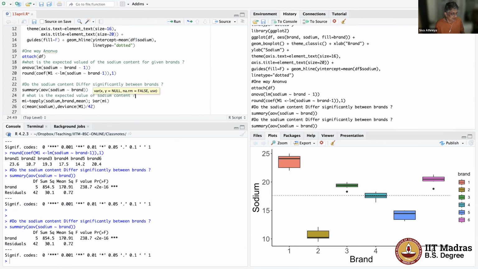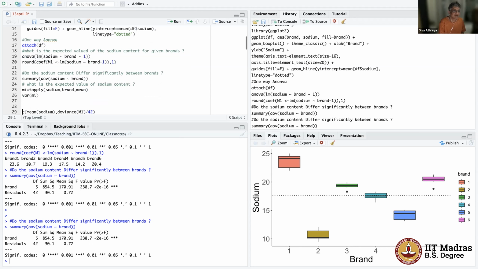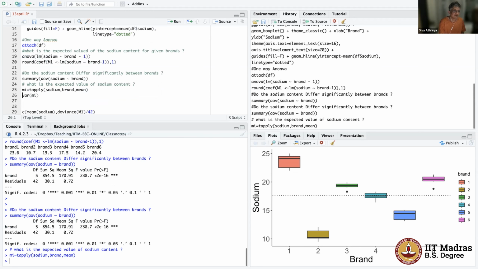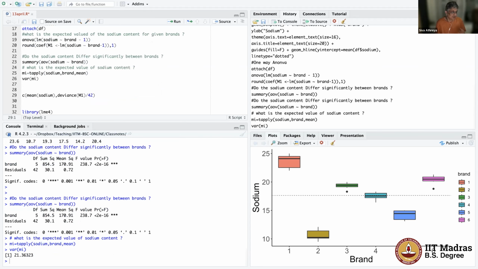So I computed the mean, and then I looked at the variance of the mean. So the raw mean is 21.6. That answers one question.